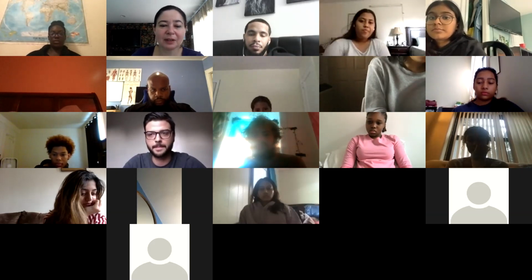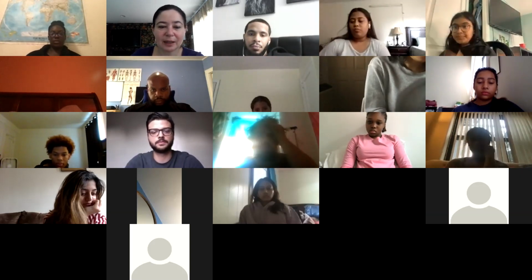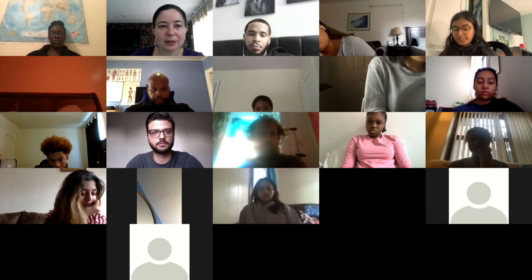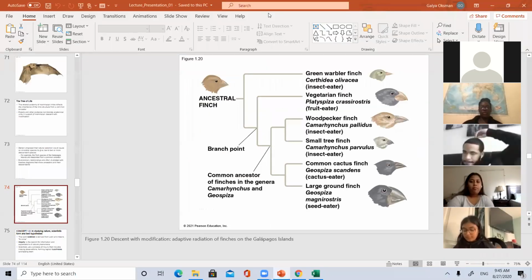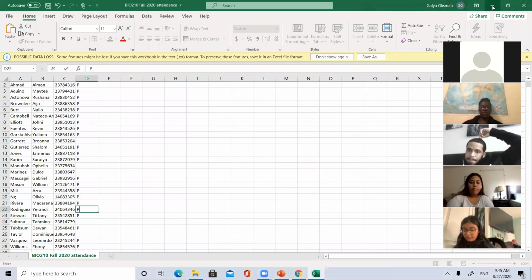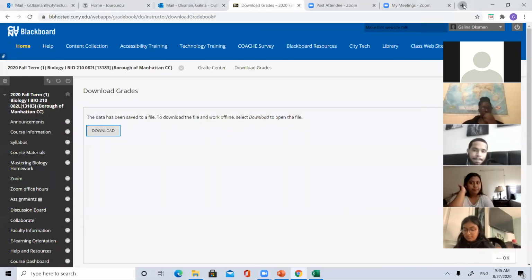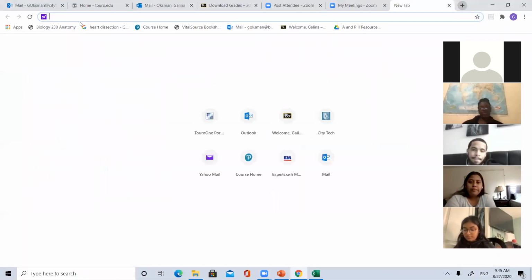Giraffes have very close relatives. I'm going to show you in a second. A relative is called an okapi.